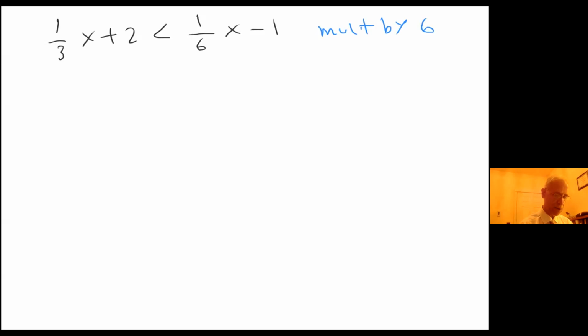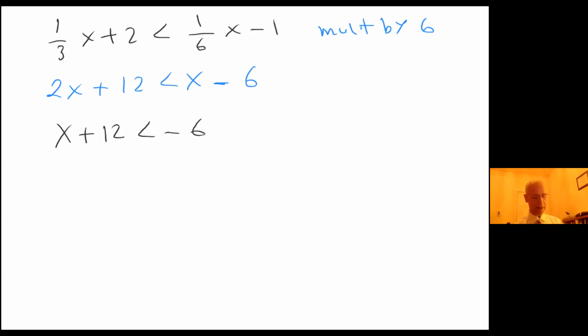So 1/3 x times 6 gives me 2x, plus 2 times 6 is 12, smaller than 1/6 times 6 is just 1, so I have x minus 6. Subtract x from both sides, I get x plus 12 is smaller than negative 6. Subtract 12 from both sides, I get x is smaller than negative 18.